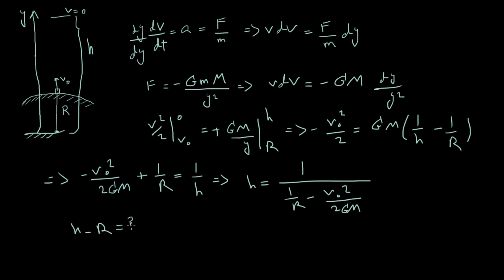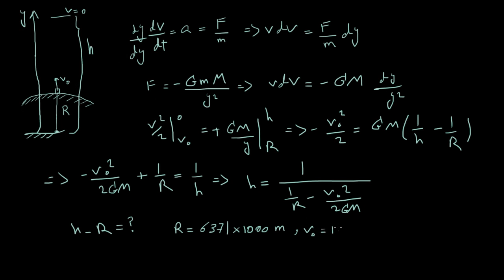So I'm interested in h minus r equal to something. Now let's say all these numbers can be found online, like r, radius of the Earth, is 6,371 kilometers. So it's actually 6,371 times 1,000 meters. v0 is given in the question.